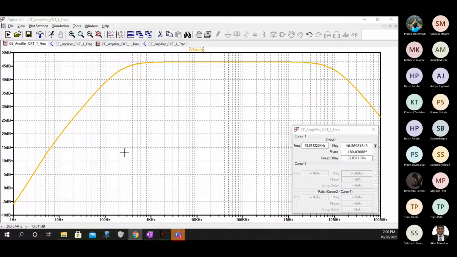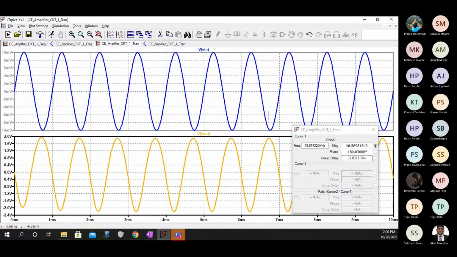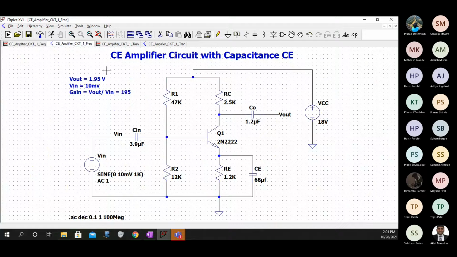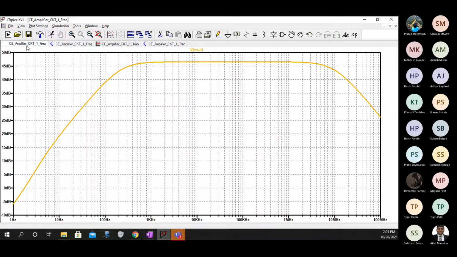So the values both ways should be the same. Now my question is, every now and then we should see input and output and measure with the help of this cursor.